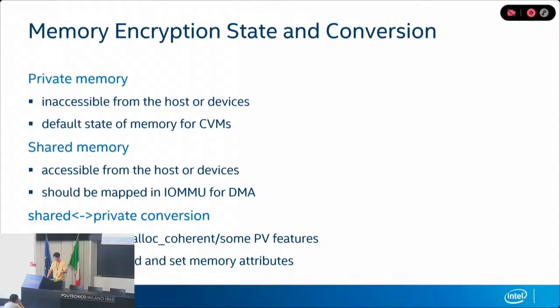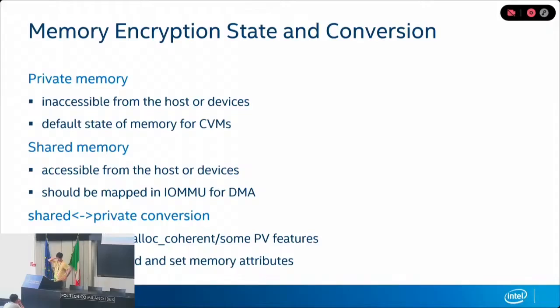This is the default state of memory for confidential VM. And the shared memory is accessible from the host or device and should be mapped in IOMMUFD for DMA, because the guest may use any shared memory for DMA, so you should map all the shared memory in the IOMMU.